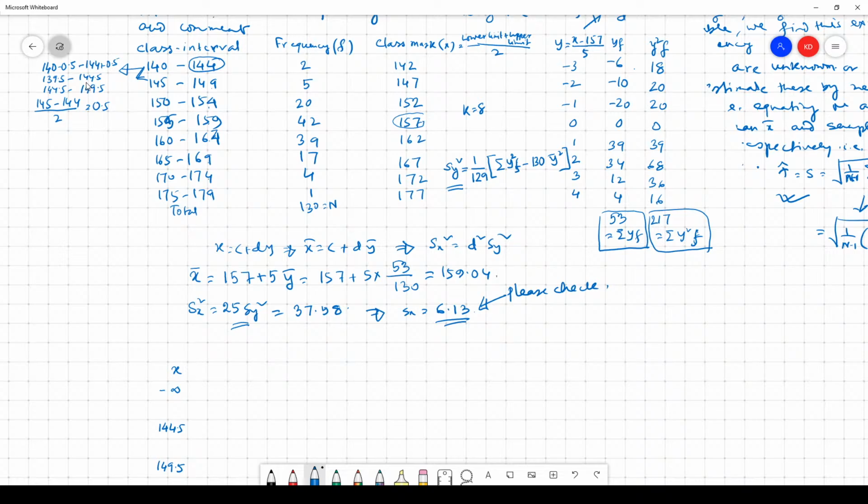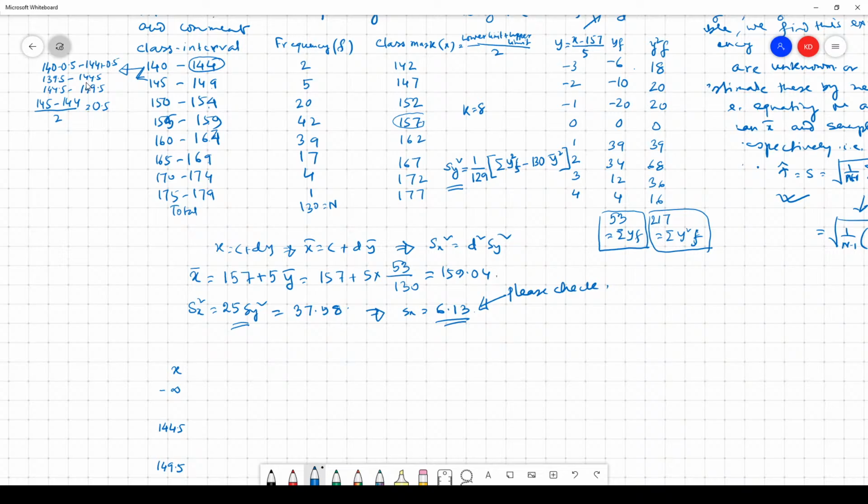Just take two consecutive class intervals, take the lower limit of the second interval and the upper limit of the first interval, subtract and divide by 2, and consider the resultant value, that is, here it is 0.5. Then for any class interval, lower limit minus 0.5, upper limit plus 0.5 gives you the class boundary.